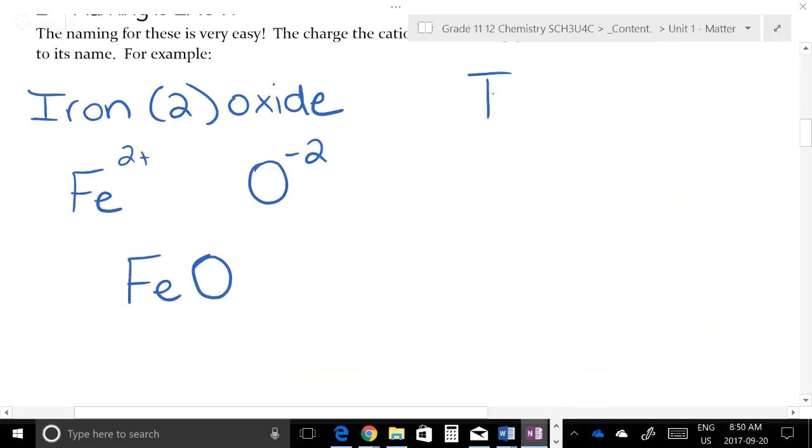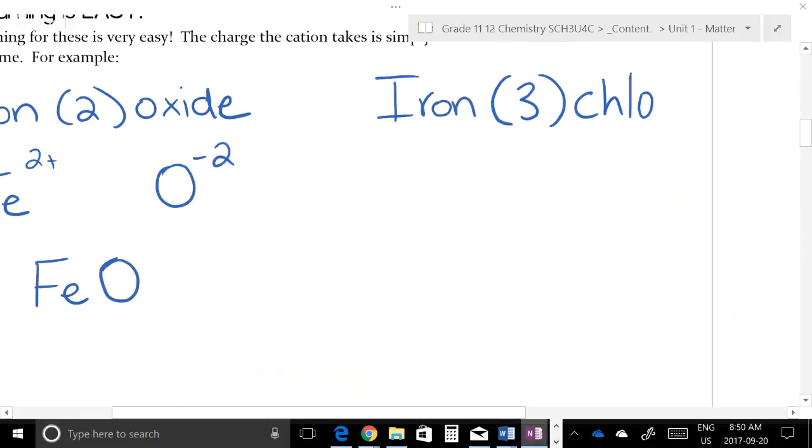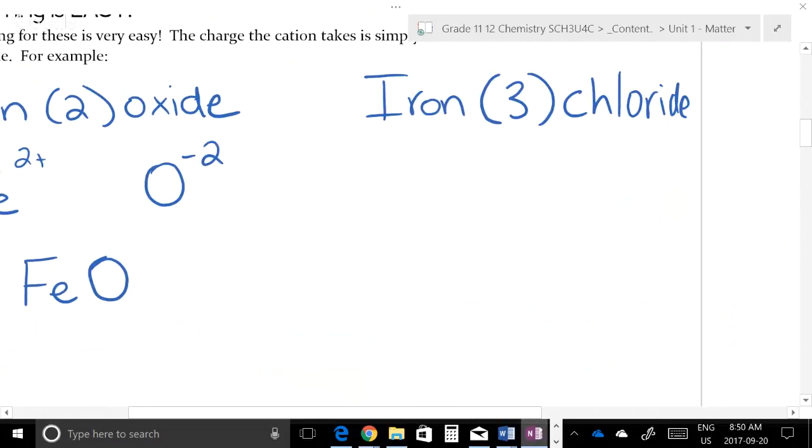Let's look at iron 3 chloride. Actually, this shouldn't be uppercase. I have a bad habit of putting uppercase, but chemical compounds aren't people's names, and they don't get uppercase letters, but I always tend to forget that.